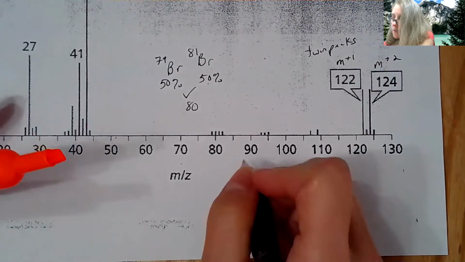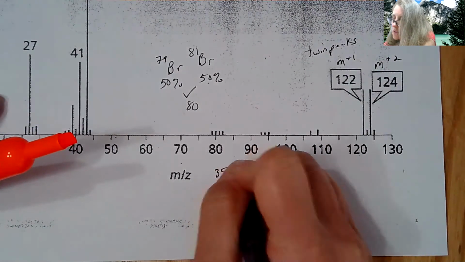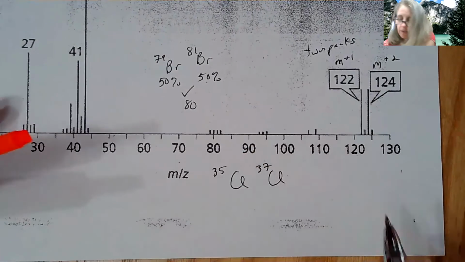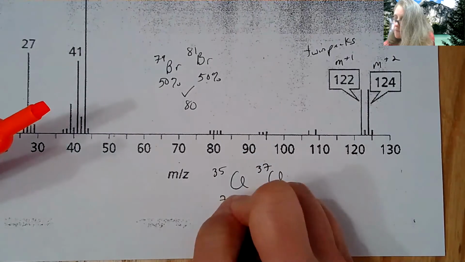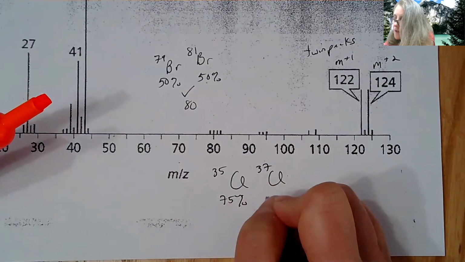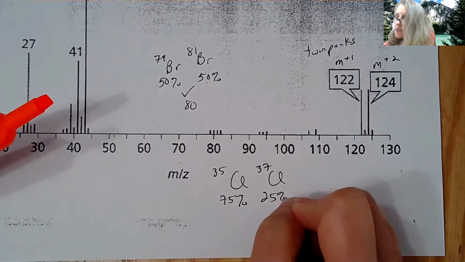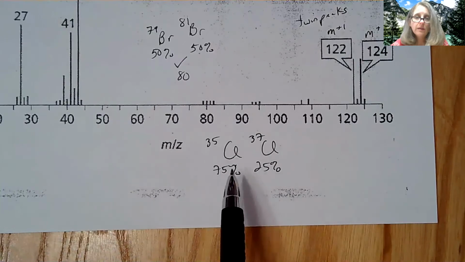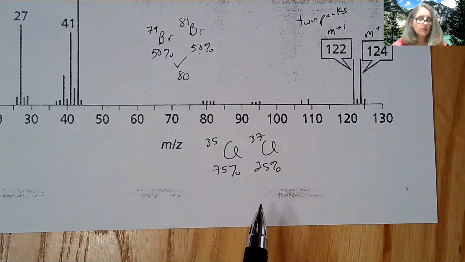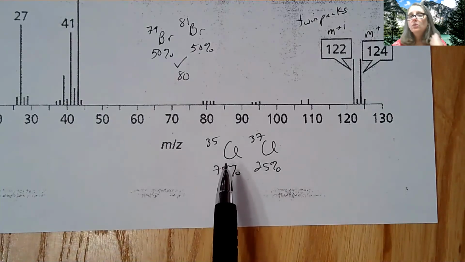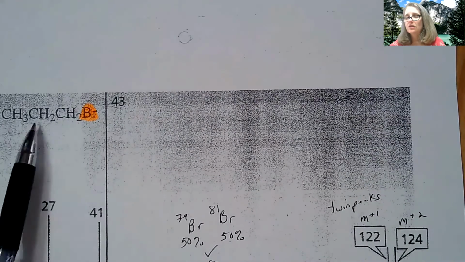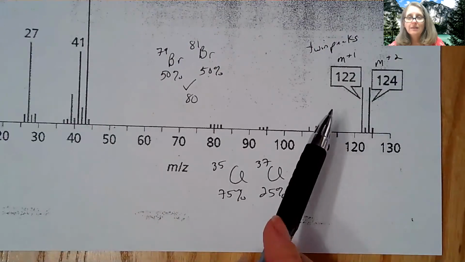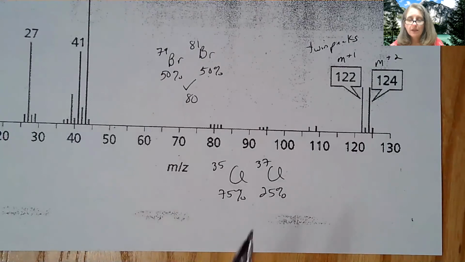Similarly, we talked about this in the notes, you have chlorine 35 and chlorine 37. Well, you actually have 75% is chlorine 35, while chlorine 37 is 25%. Okay. So with this chlorine, if chlorine was attached to this molecule, you would not see the twin peaks like you have here.